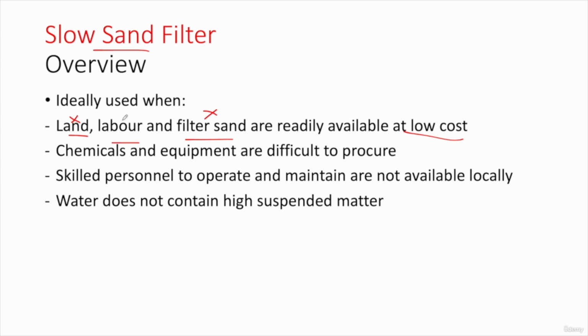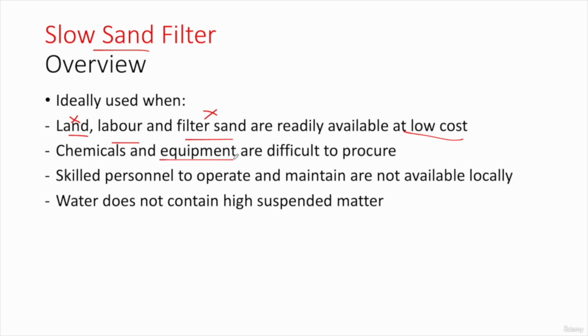Also, it is ideal to be used when chemicals and equipment are difficult to procure. When we say chemicals, it is mostly the chemicals used for coagulation and flocculation. Sometimes you cannot find these chemicals easily in the country you are working in. The slow sand filter would be an ideal solution.